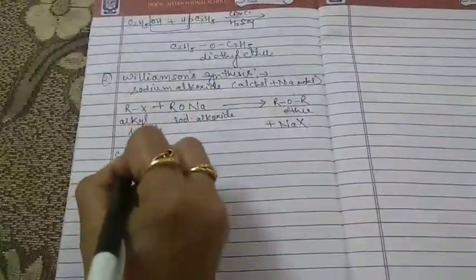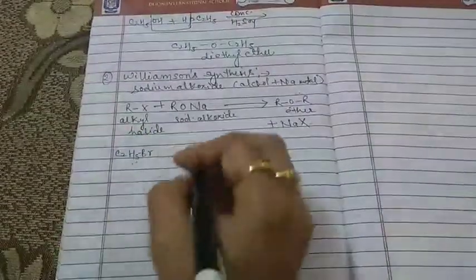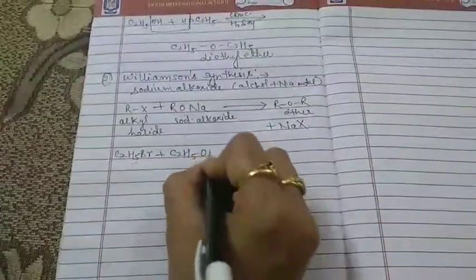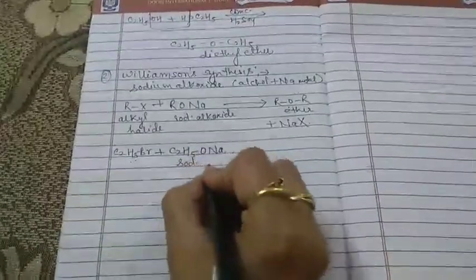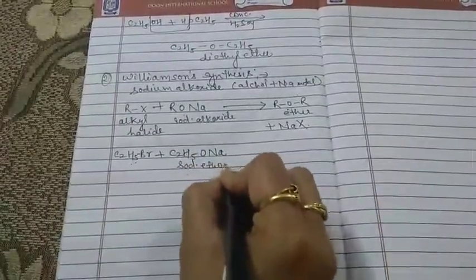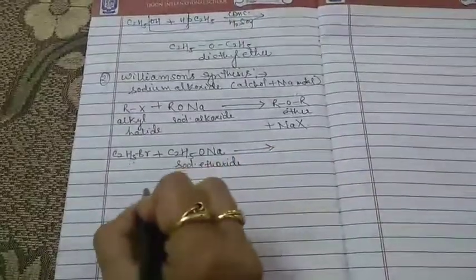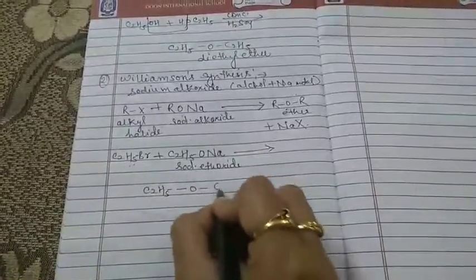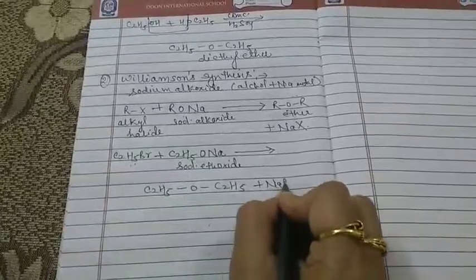Now another example for the Williamson synthesis is, for example, if we have C2H5Br, this is ethyl bromide, plus C2H5ONa. This one is sodium ethoxide. So we get C2H5O C2H5 plus NaBr.